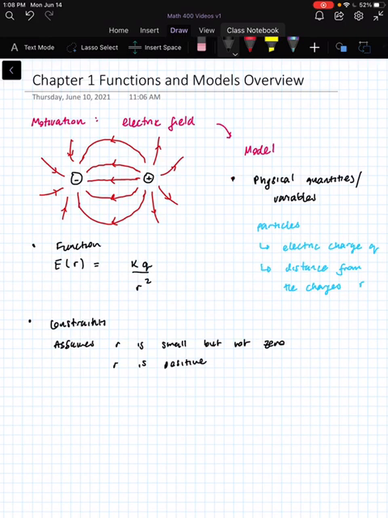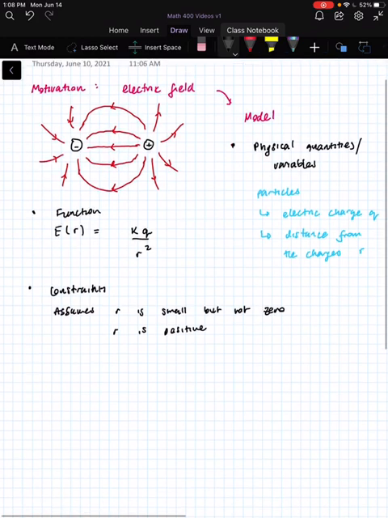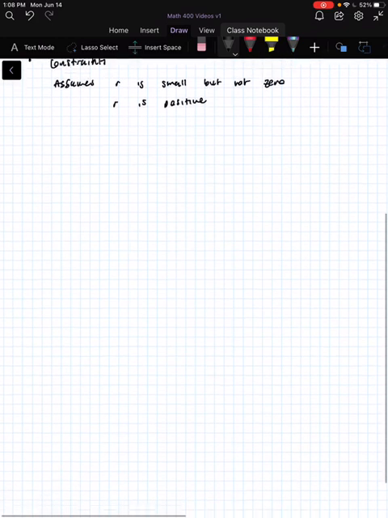So, details aside, we use functions in mathematics and in calculus to develop mathematical models. So that is the overarching view of our exploration of Chapter 1.